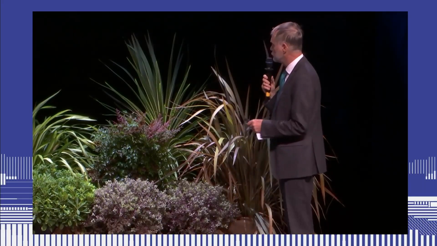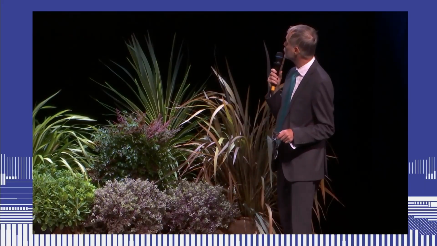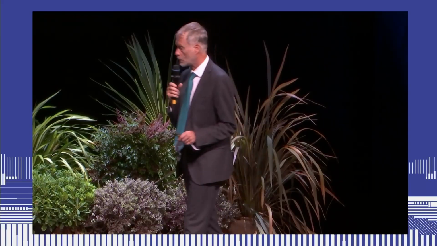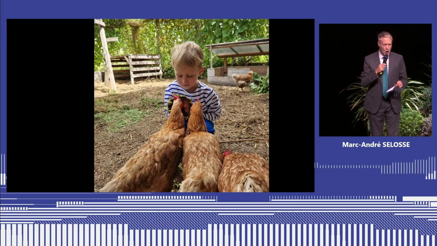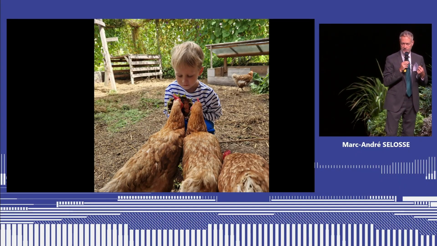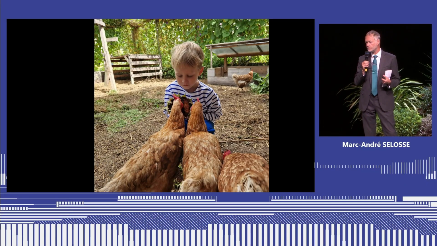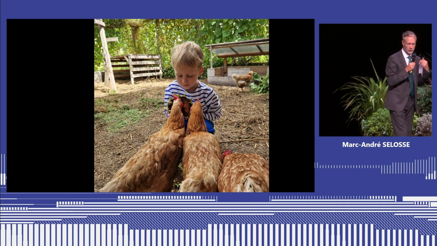Now, my second point is that it's also the fabric of our bodies. And for this, I would like to invite you to look carefully at the microbes in this picture. Of course, you don't see them because by definition they are microbes, but all the organisms that are big are simply buildings for microbes.